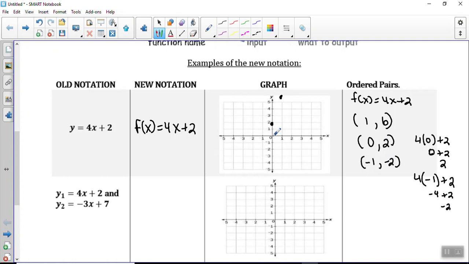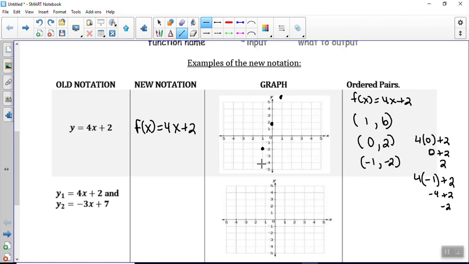And then let me graph it. Negative 1, my y is negative 2. There you go. Oh, it's a line. And then I'm going to connect the dots to finish graphing it. Let me see if I can do a nice line. No way, that is not good. Let me just use a tool here.